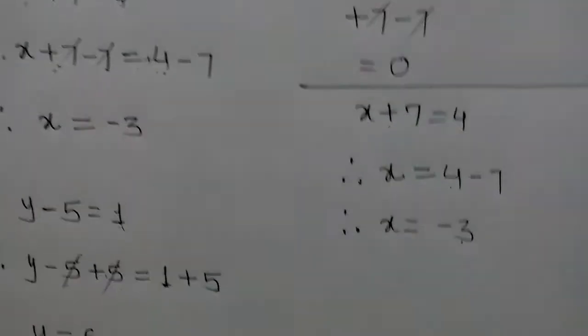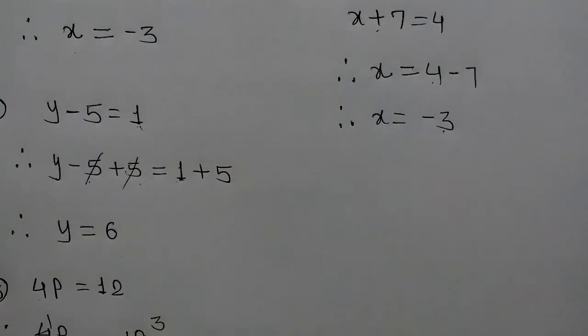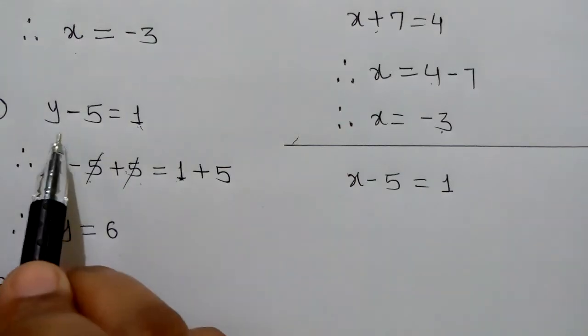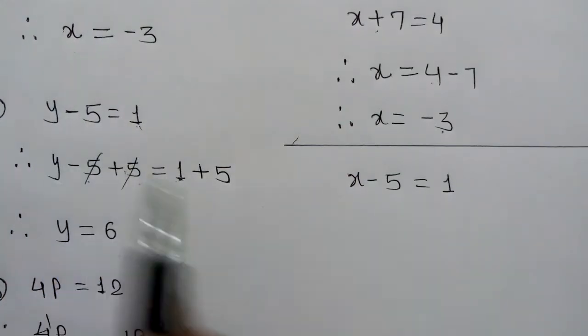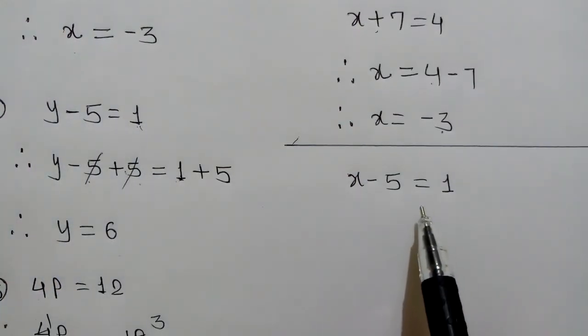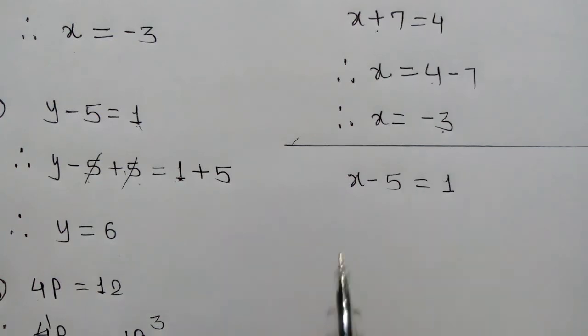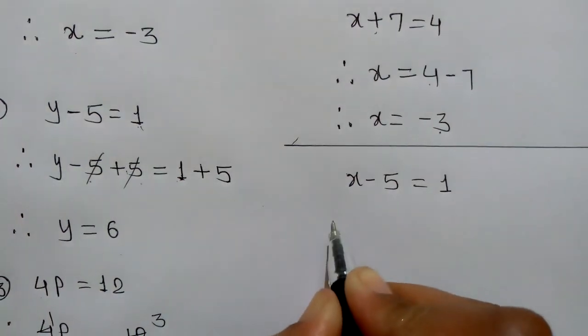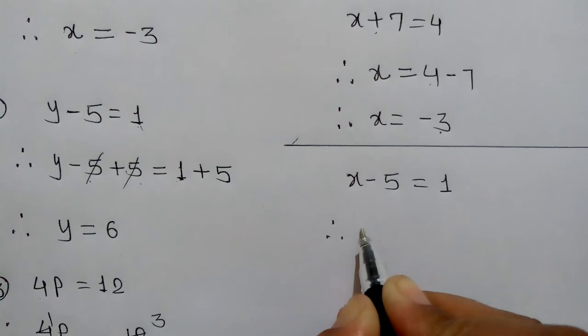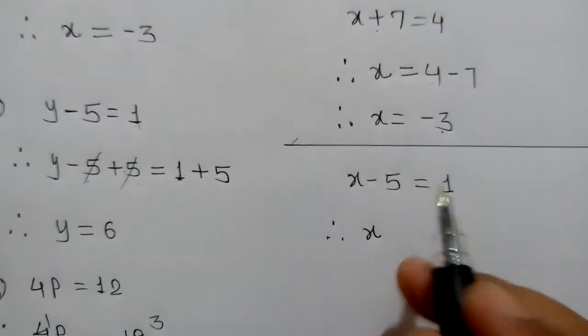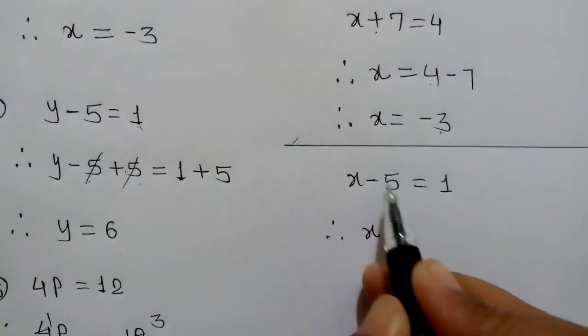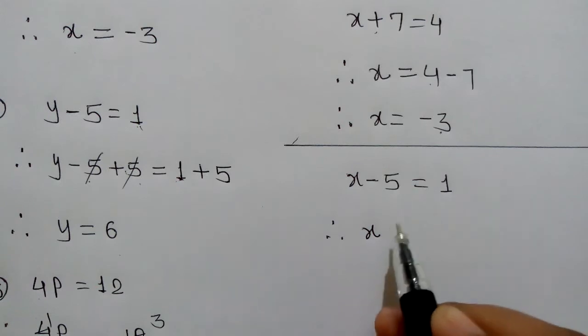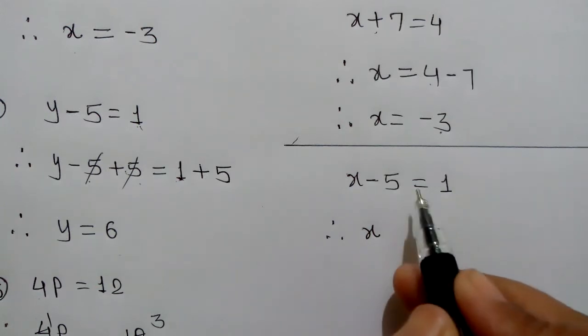Same, when we solve this expression, we will do the same. The same equation I have taken, y minus 5 is equal to 1. Now we will solve this example with the transpose method. On the left hand side it will be y. Now we have to send this negative 5 to the right hand side. While sending, we have to change the sign of that number.